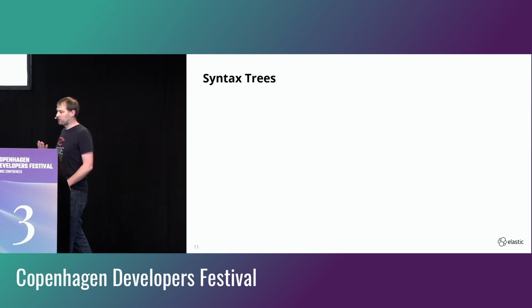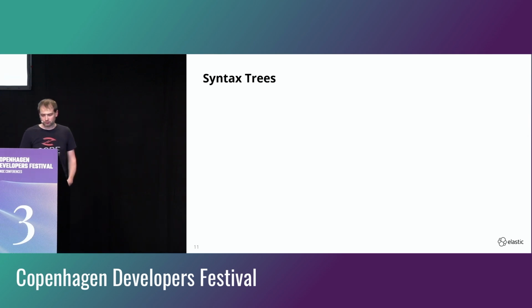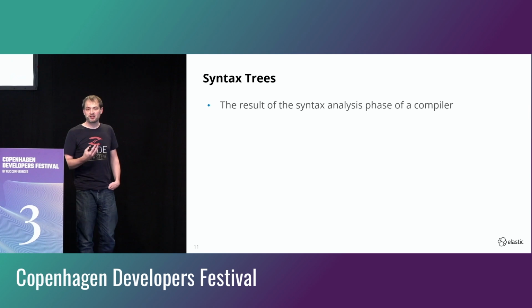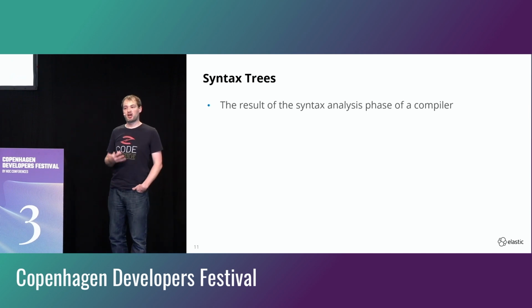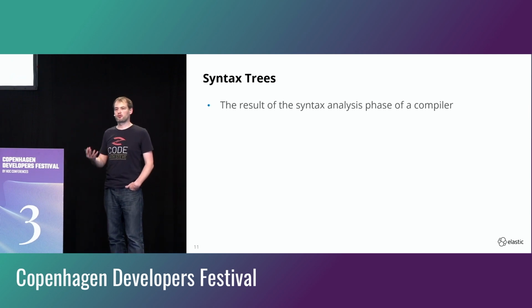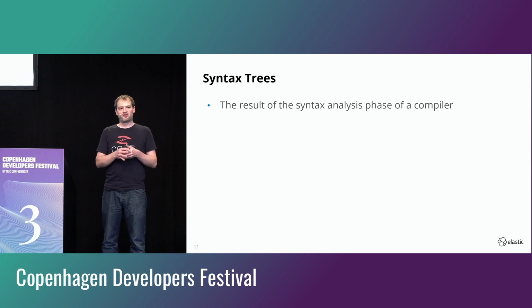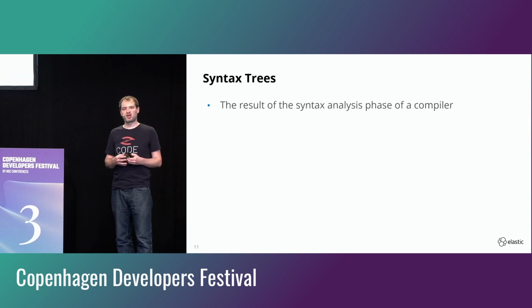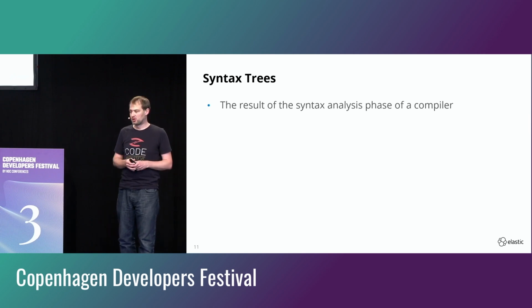So what are syntax trees? Syntax trees are basically the result of that parsing and analysis phase that the compiler goes through when it first reads our code. As I say, C# files are nothing more than a text document. They contain text. It just so happens that it conforms to particular specifications that make it valid C#.